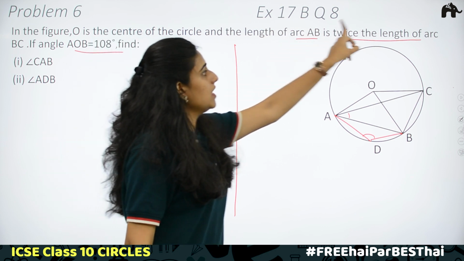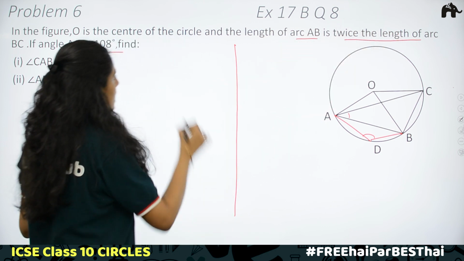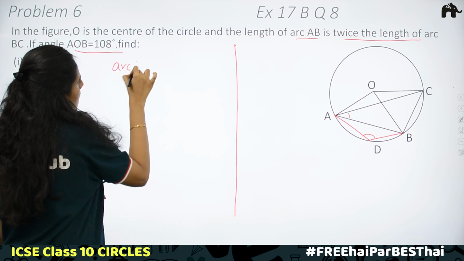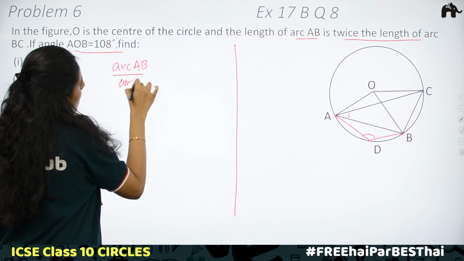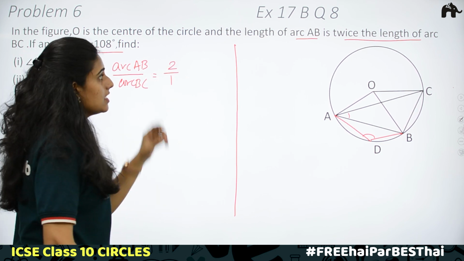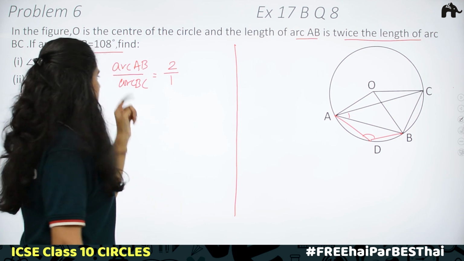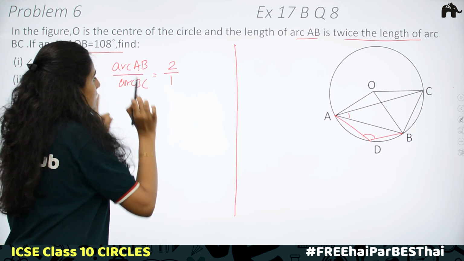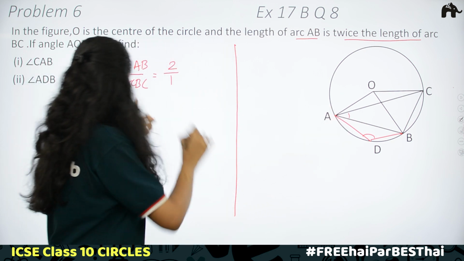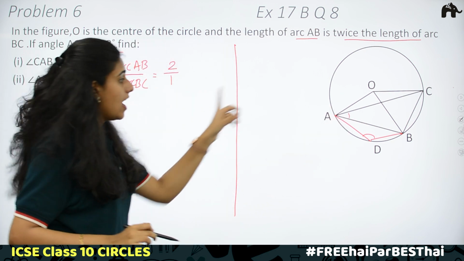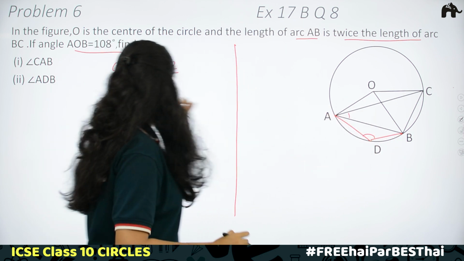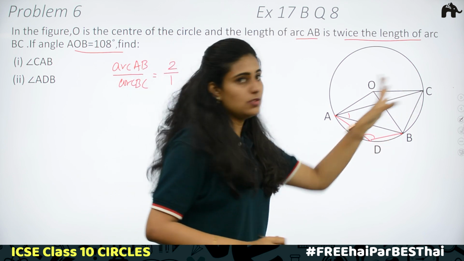What is given in the question? Length of arc AB is twice the length of arc BC, which means the ratio of arc AB divided by arc BC will be equal to 2 divided by 1, because AB is equal to 2 times BC. The angle subtended by an arc at the center: AB arc subtends angle AOB at the center and BC subtends BOC.